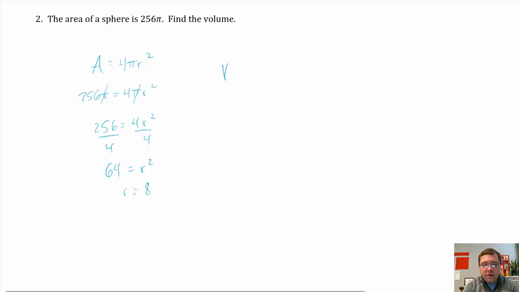So the problem asks for the volume. The volume is 4/3 pi r cubed. Alright, so 4/3 times pi times 8 cubed. 8 times 8 is 64. 64 times 8 is 512.